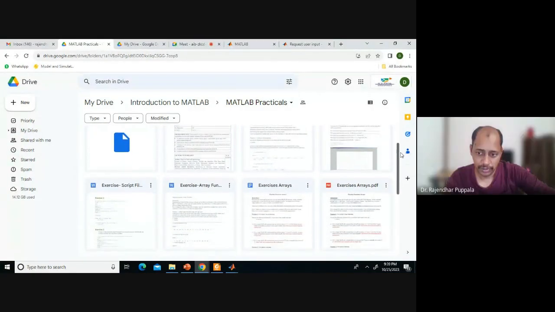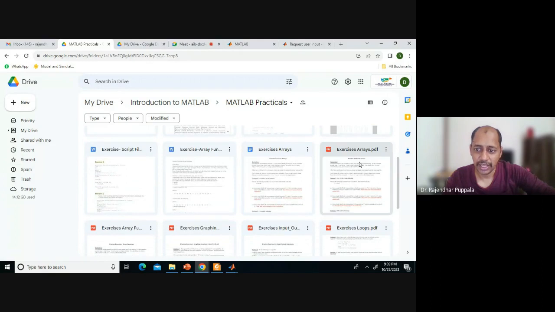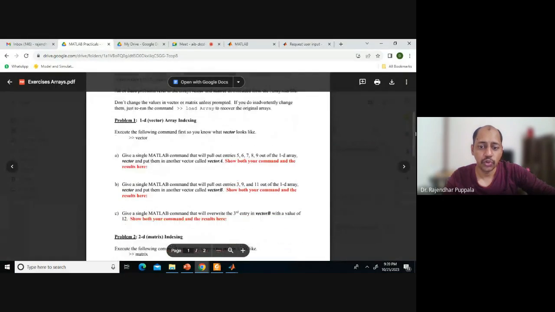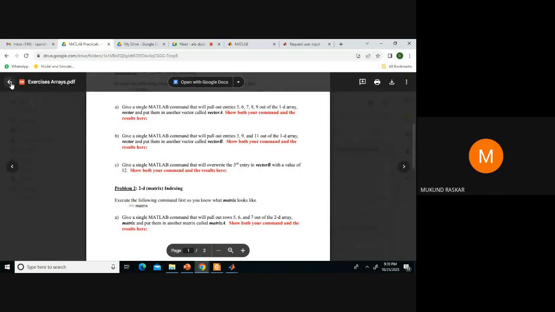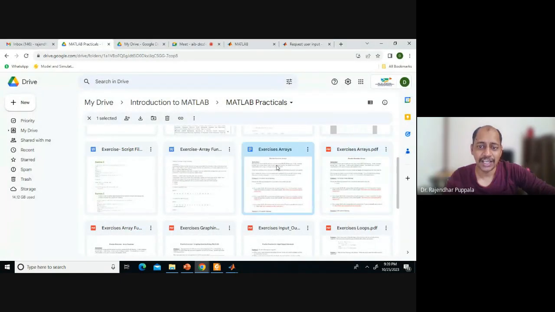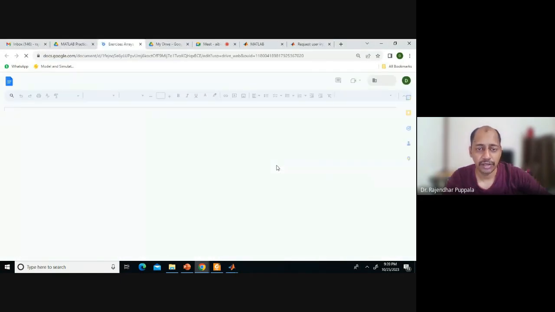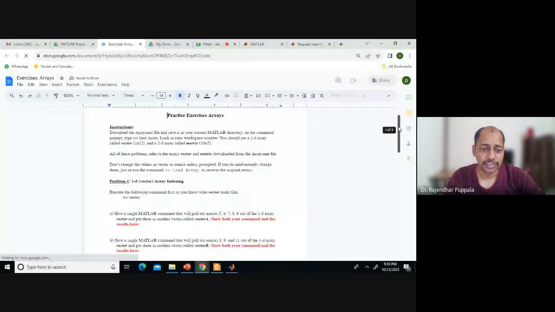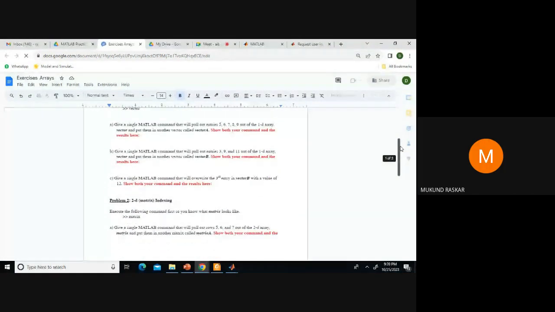See, exercise arrays is a PDF which has the problems only, and with the same name, a Word doc file is given. Here solutions are given.